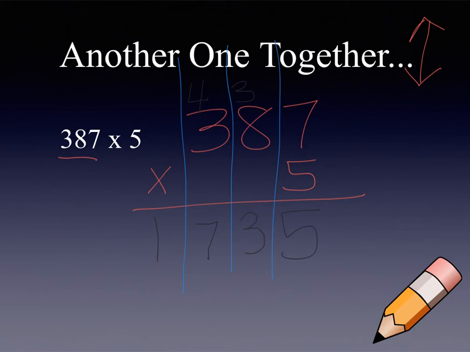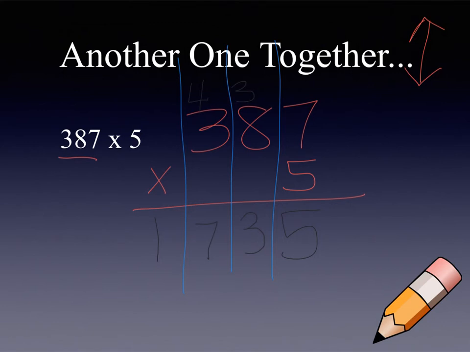So that's why I said it was really important that we make sure that we line up our place values, because if not, we would have gotten kind of confused with all these numbers in here if you try to squeeze them all together. So our answer becomes 1,735.